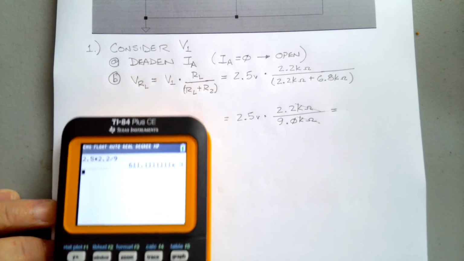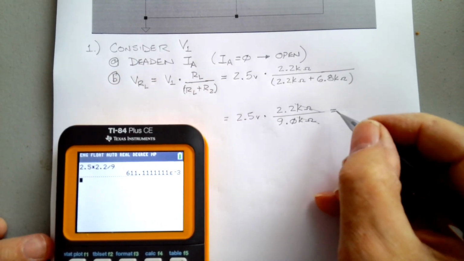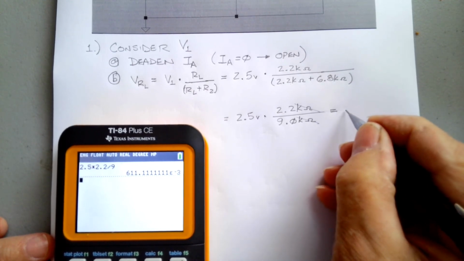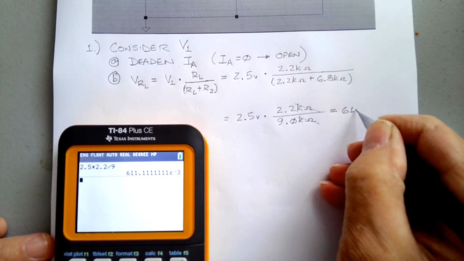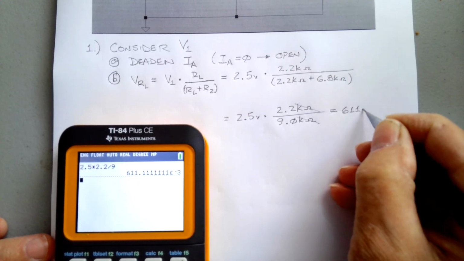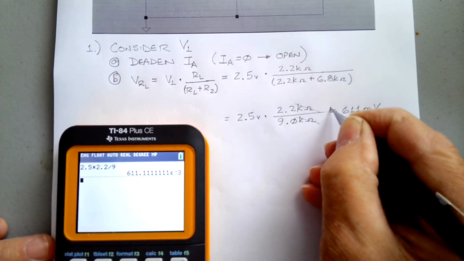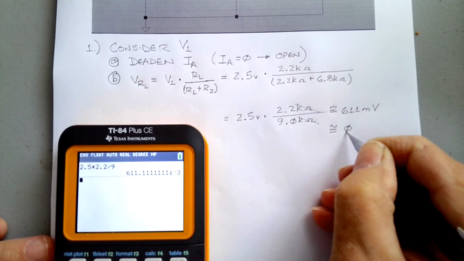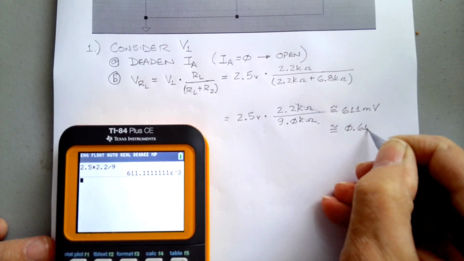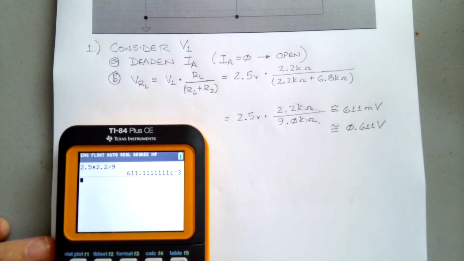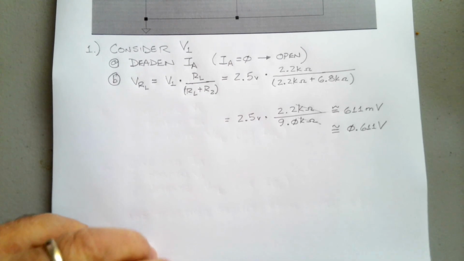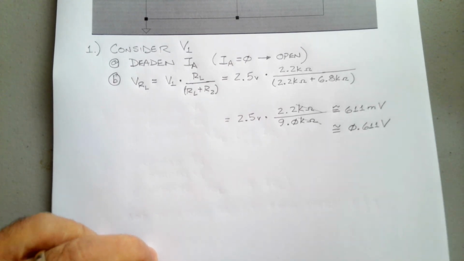Survey says that I have 611 millivolts, and you could write that as 0.611 volts. Okay, so we'll remember that number.